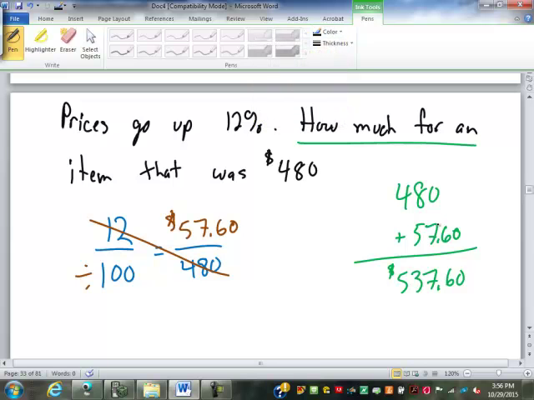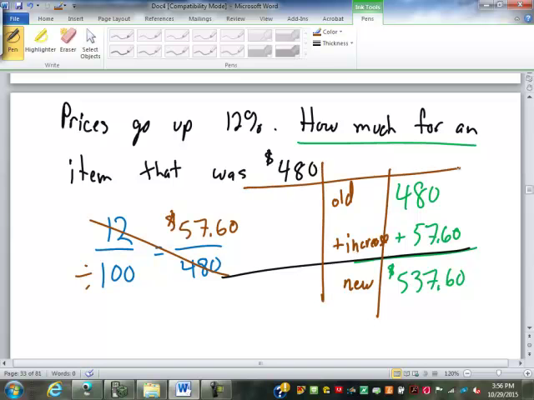Now, we could do it that way where we add it on, or we could look at it this way. We had an old price, or a price before. To that, we added an increase, and we got a new price, or a price after the increase. In a percent problem like this, every number, or every item, is described by 2 numbers.